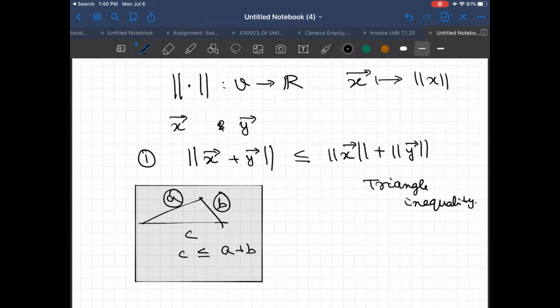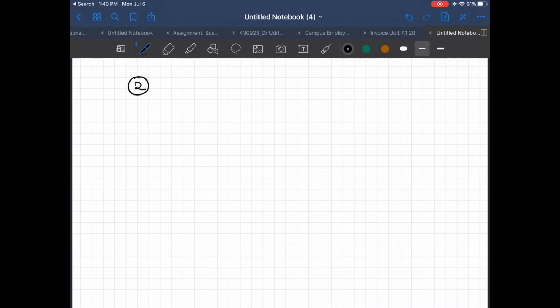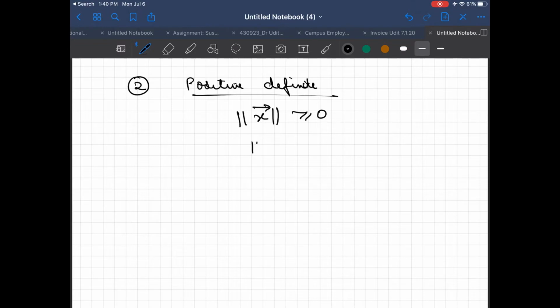Now, the second thing that these norms must follow is that they should be positive definite. And we will also talk about positive definiteness in the context of matrices and the power they give us when we go to the spectral theorem and such. So positive definite says that if we have a vector x and we take its norm, it should always be greater than or equal to 0. And when the norm of x is equal to 0, this implies the vector x has to be equal to 0.